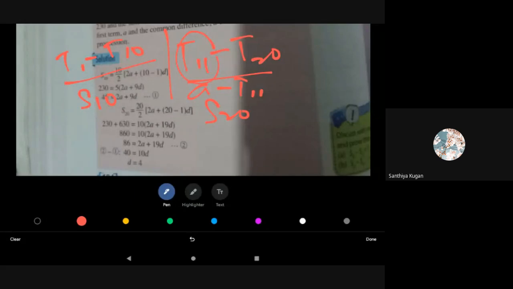Clear? So that's why we use the sum from T1 until T20, which is this 230 plus this 630. So we use S20. The a is the same, and here we will use 20. Clear, teacher. Okay.